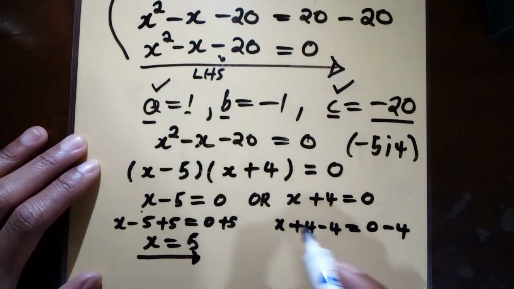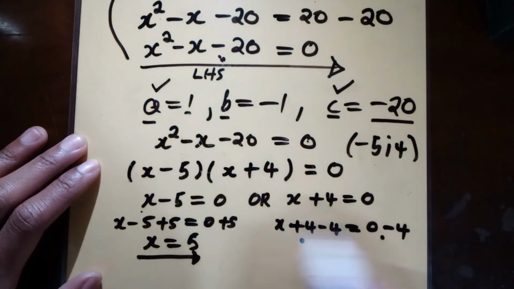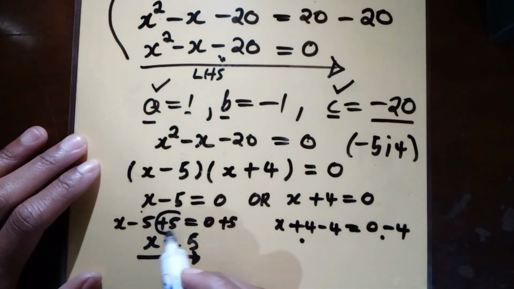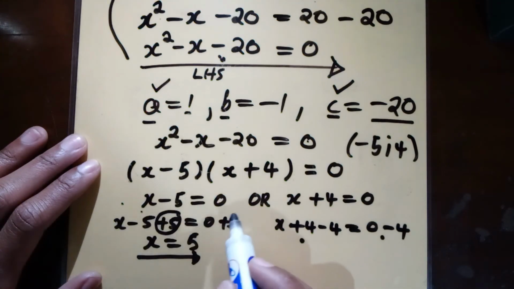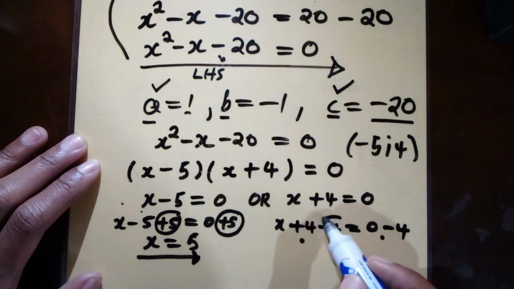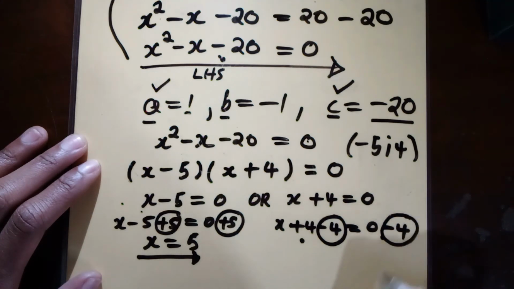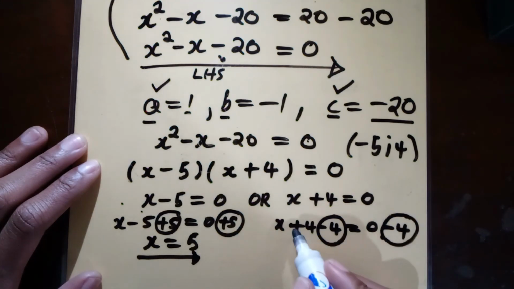It's that thing: what you do on the left hand side, you must also do on the right hand side. Here I added 5 on the left hand side, I also had to add 5 on the right hand side. Here I subtracted 4 on the left hand side, I also have to subtract it on the right hand side. So my plus 4 minus 4 is going to be 0.